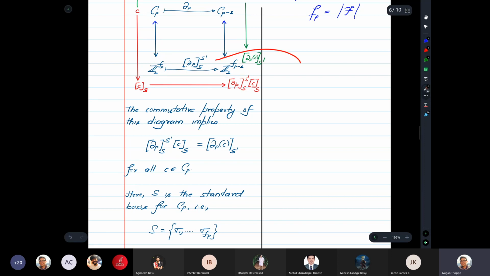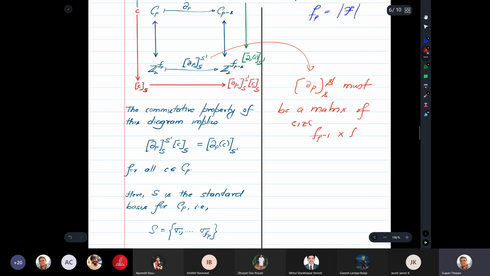So from this, you should be able to figure out that del P S prime must be a matrix of size f P minus 1 cross f P, so it must have f P minus 1 rows and f P columns.